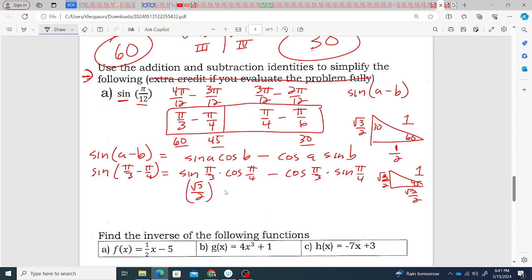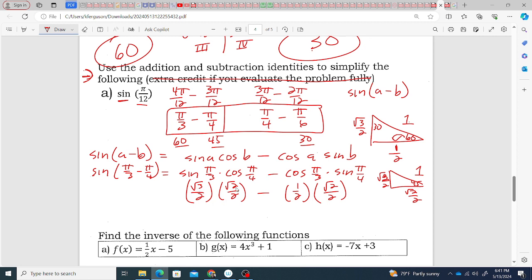So that's square root of 3 over 2 times square root of 2 over 2 minus cosine of pi over 3, or cosine of 60. Cosine of 60 is adjacent over hypotenuse, so that's 1/2 times sine of 45 degrees, or pi over 4, that's square root of 2 over 2.